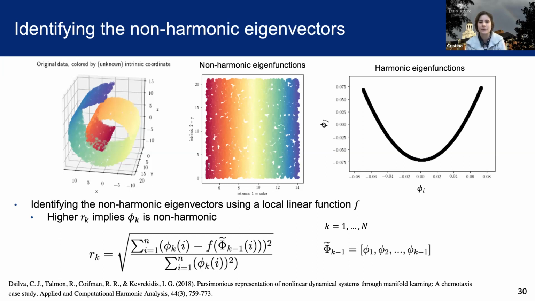If this eigendirection is not a function of the previous eigenvectors, then obviously it's an independent eigendirection. How can we then quantify the fit of this linear function relation? By computing this matrix Rk here. If you have a small value of Rk, then the eigendirection is a harmonic function of the previous eigenmodes, because the linear fit was good.